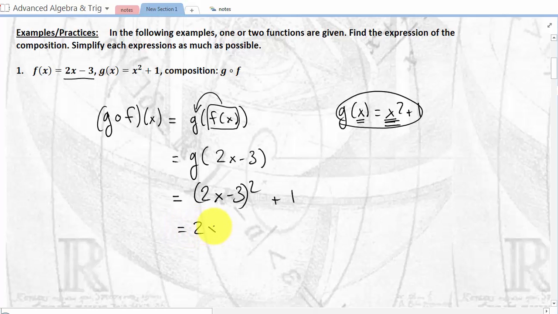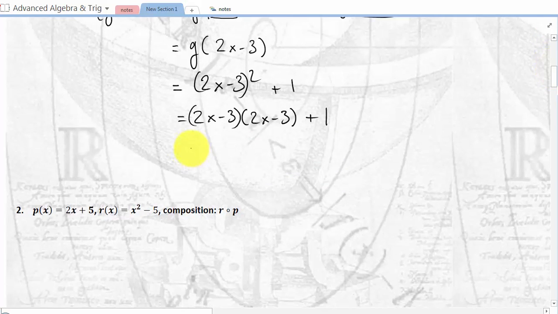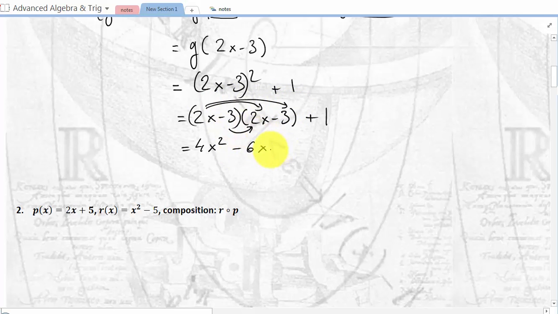So this is (2x minus 3) times (2x minus 3) plus 1. Let's FOIL this. So this is 4x squared, right? You FOIL like this, and then we have minus 6x plus 9 plus 1.